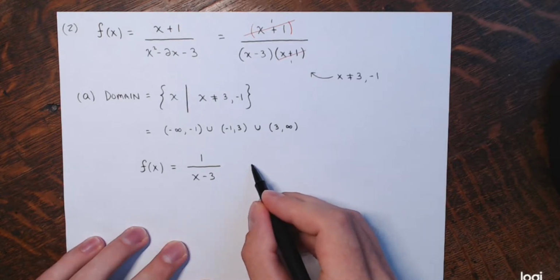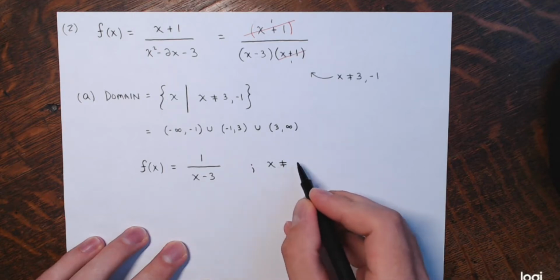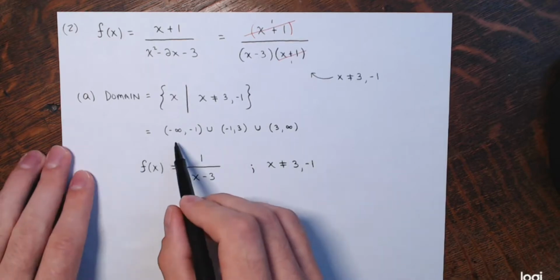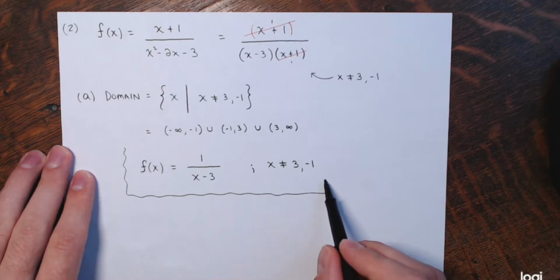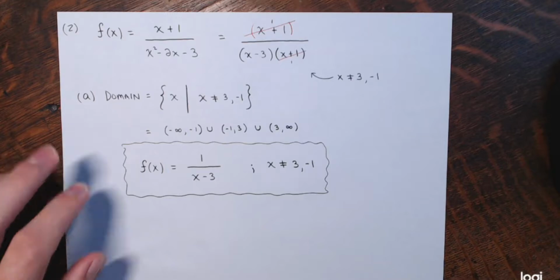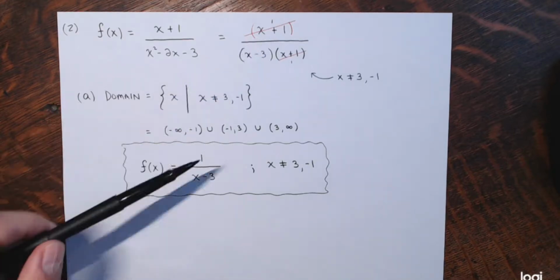I can only do this for values of x that are not positive 3 or negative 1. So I'm going to think of f of x this way now, and that'll make solving any equation I have later easier, because the fraction's nice and simplified.